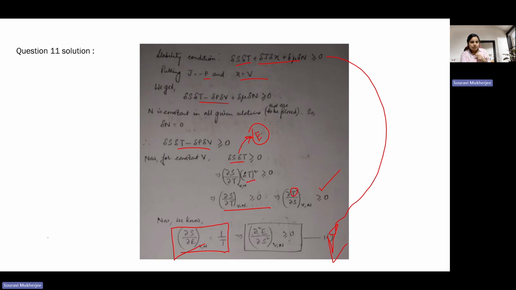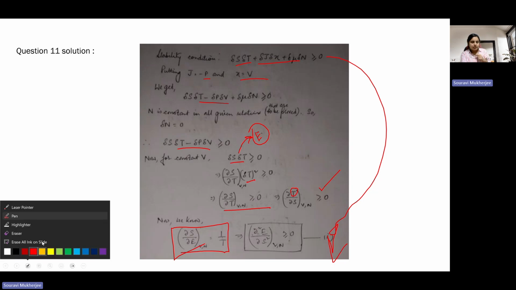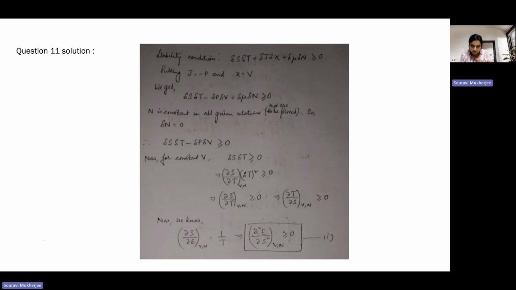Similarly, you can look at different combinations. You can find a relation for del square E del V square. You can find a relation for enthalpy, for free energy, for all of it.